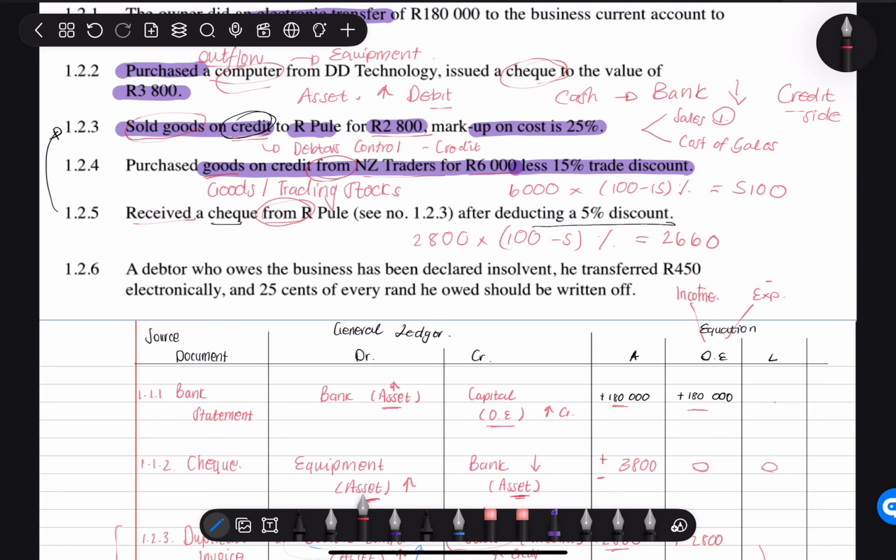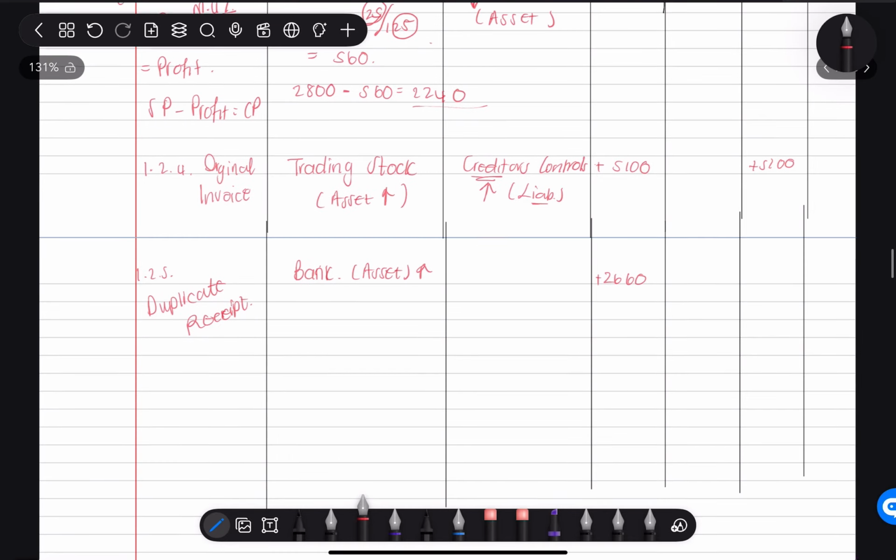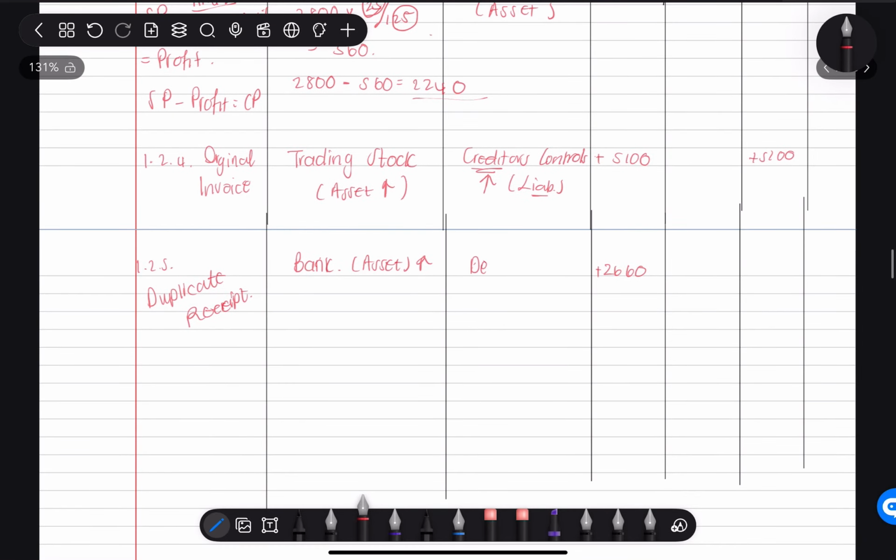And we are decreasing debtors control. They no longer owe us. So here, 1.2.3. Sales, you won't account for again. Sales is done. We got that income. We're happy with that. But what is going to change is this debtors control over here. Debtors control is going to decrease because they no longer owe us the amount.